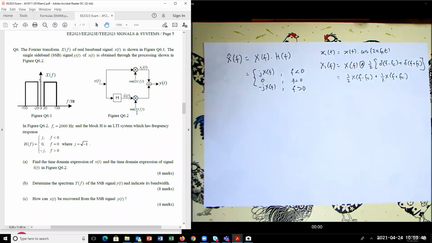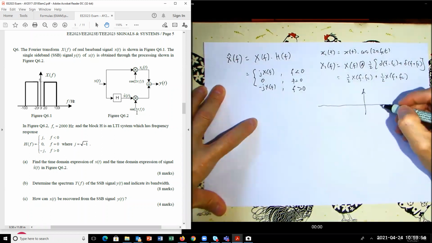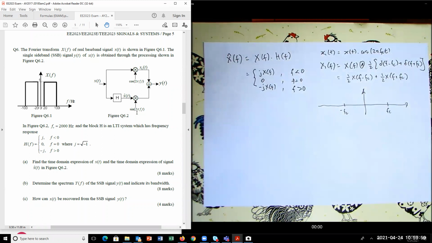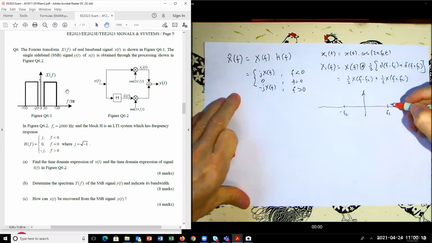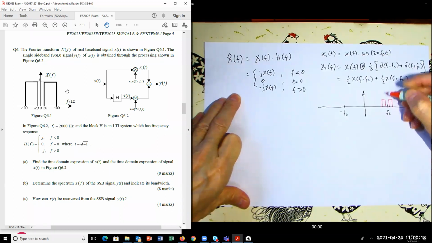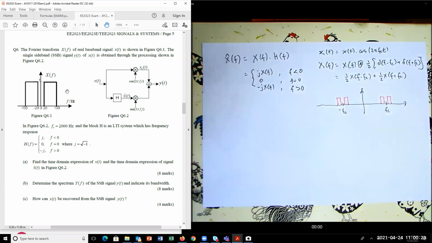If you draw the top, this is at fc, this is at minus fc, and you replicate this spectrum at plus and minus fc, not to scale, just to illustrate the point. This will be X1(f).